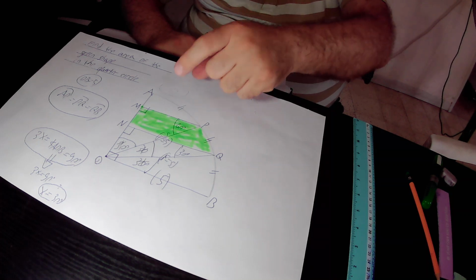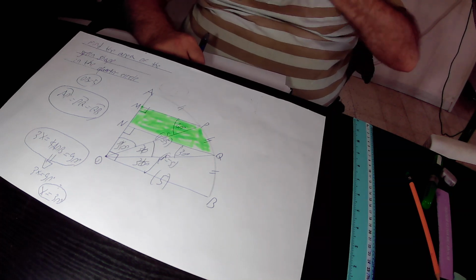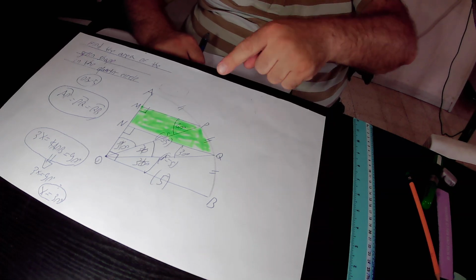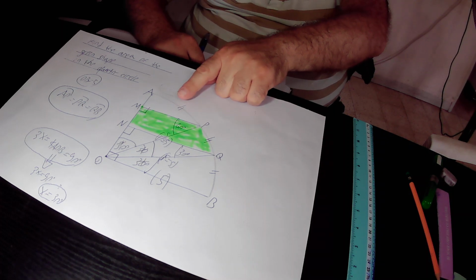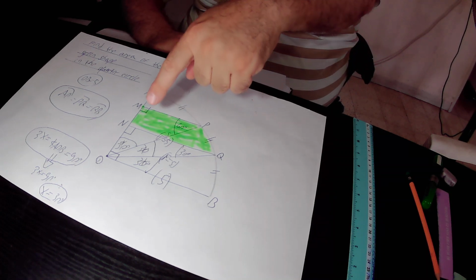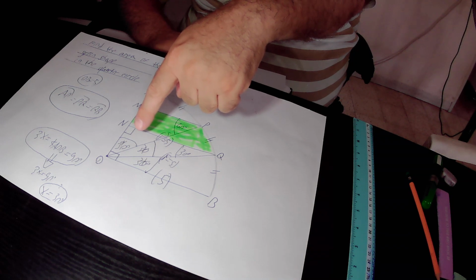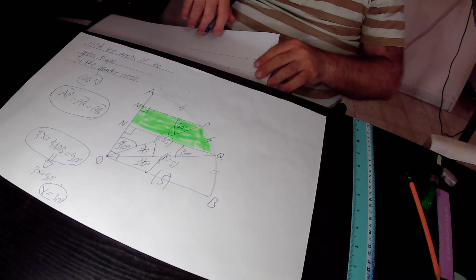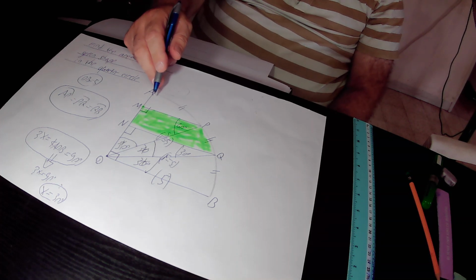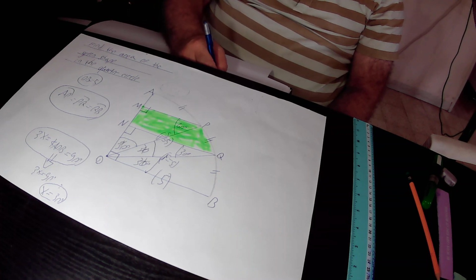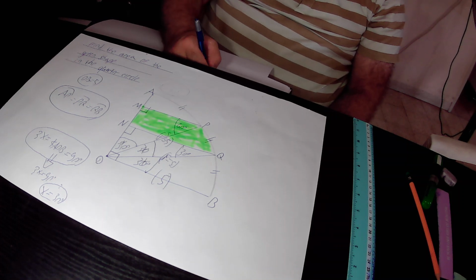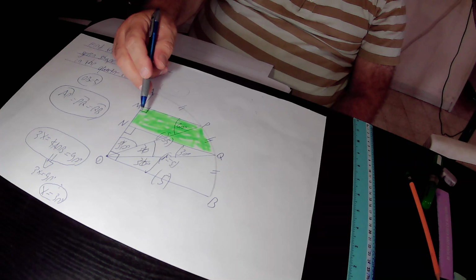Therefore, the area of the right triangle MOP must be equal to the sum of the areas of the two components that it consists of. That is to say, the area of the green quadrangle MNSP plus the area of this small right triangle NSO.